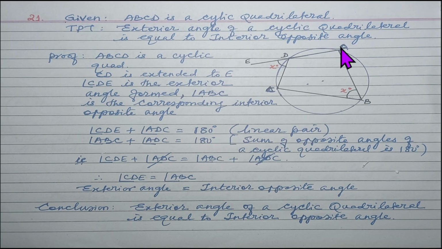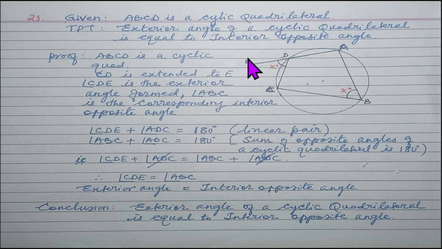And also we know that angle ABC plus angle ADC are the opposite angles of a cyclic quadrilateral, and that is also equal to 180 degrees. Now the RHS of both are 180, so I can equate the LHS. That means angle CDE plus angle ADC is equal to angle ABC plus angle ADC. ADC will cancel. We get angle CDE is equal to angle ABC.